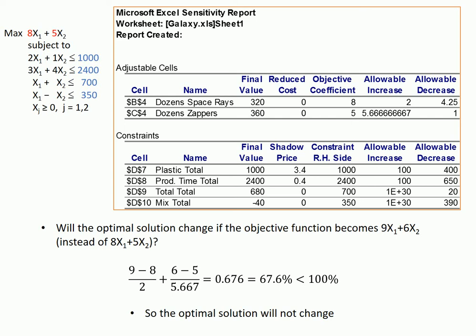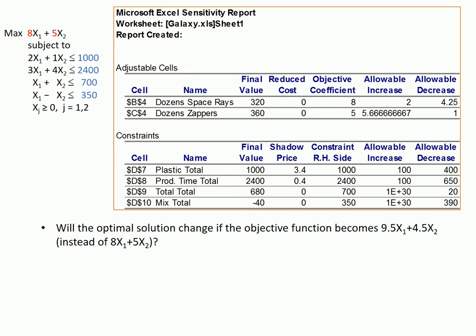For the second term, the amount of change is, again, 1 because it goes up from 5 to 6, so 6 minus 5, that's 1, divided by, again, allowable increase because it goes up. So allowable increase over here. You add these two terms up and it turns out to be 67.6%, which is less than 100%. So we can conclude that the current optimal solution will remain optimal.